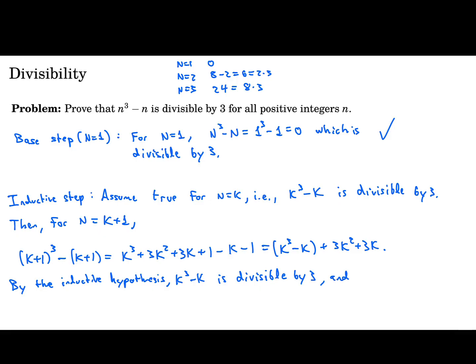And clearly 3k squared plus 3k is also divisible by 3. Thus, the sum is divisible by 3.